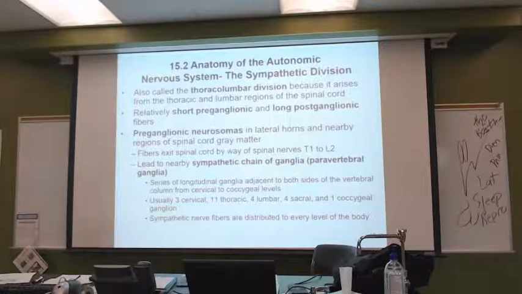For the most part, they're pre-fibers. The ones that they're trying to represent to me in green, the pre-fibers, are relatively short. The post-fibers, which they're trying to represent to me in red, are long. Does everybody see that difference?